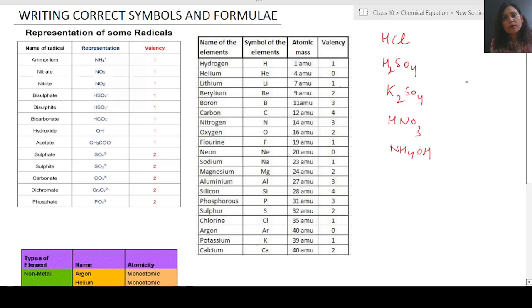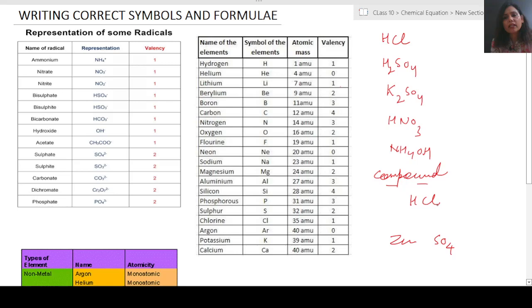Now remember, in class 9 you have learned the valency in a compound. For example, I'm writing here any compound. Suppose I want to make a compound between H and Cl, and I also want to make a compound between Zn and SO4.